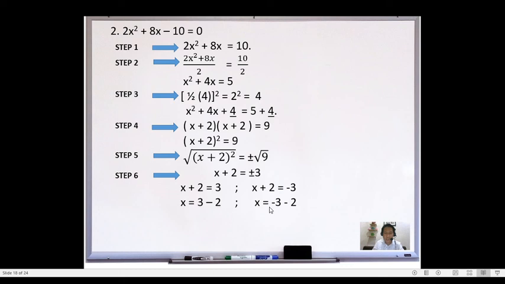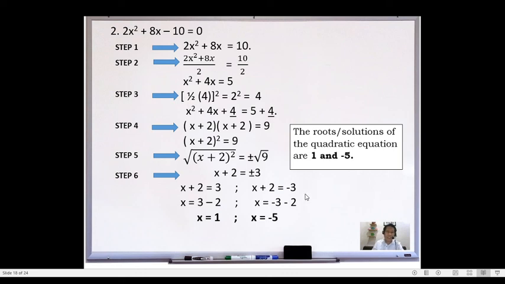So we have x is equal to negative 3 minus 2. So x is equal to 3 minus 2, which is equal to 1. And the other root, x is equal to negative 3 minus 2, that is equal to negative 5.